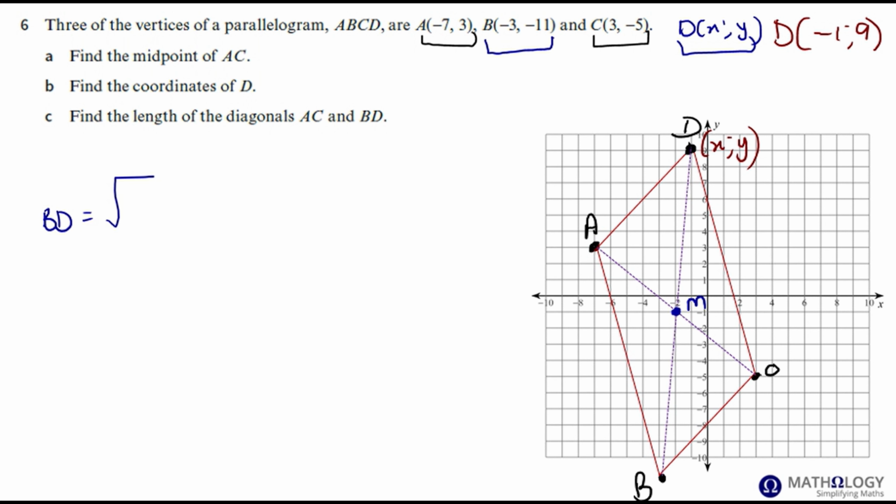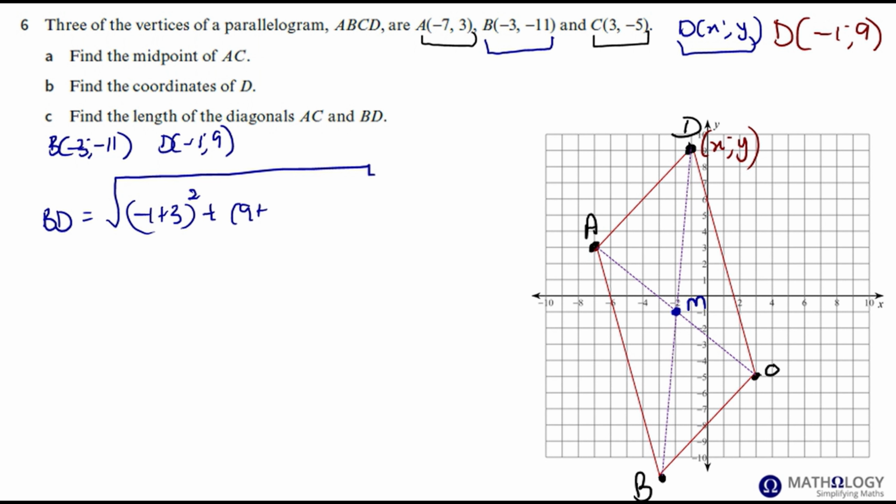Likewise, BD is the square root of, let's write the points down, (-3, -11) and (-1, 9). So BD is the square root of (x2 - x1), (-1 - -3), that's -1 + 3, all squared, plus (9 - -11), 9 plus 11, all squared, equals the square root of 2 squared is 4 and 20 squared is 400.